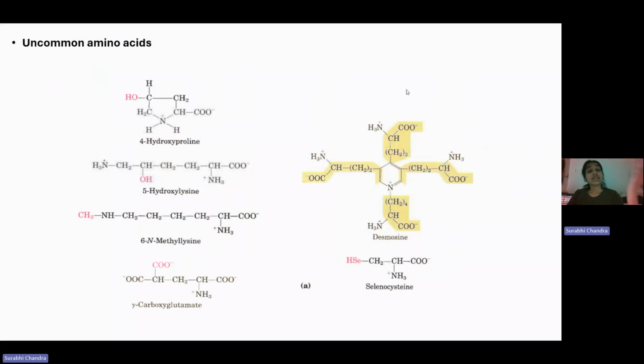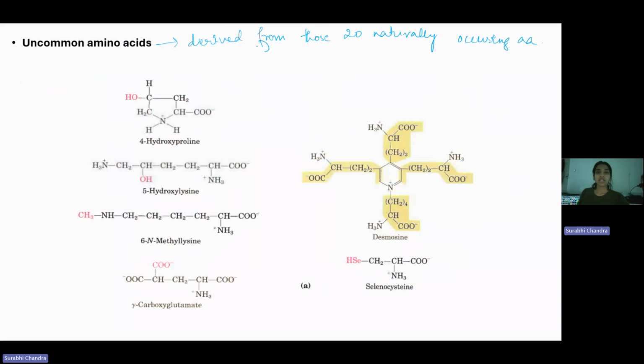But then there are some amino acids which are found in living systems, but these are actually derivatives. These are derived from those 20 naturally occurring amino acids.